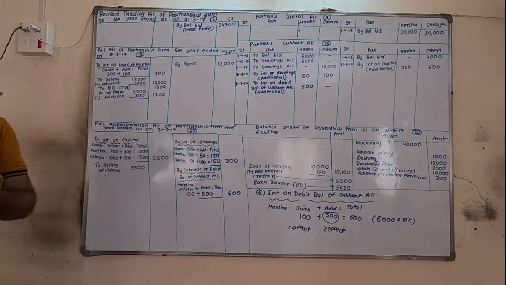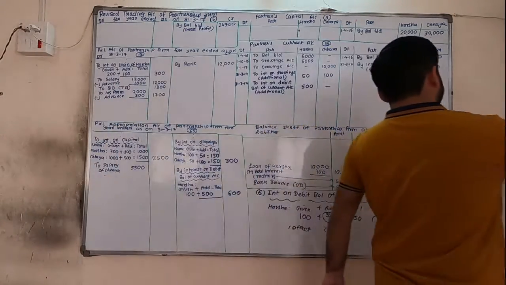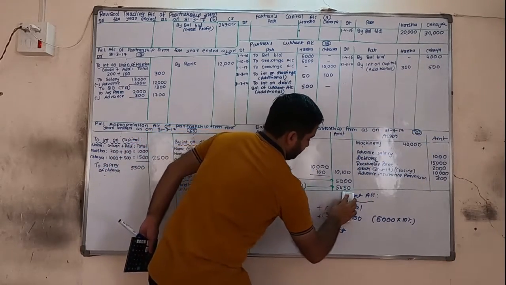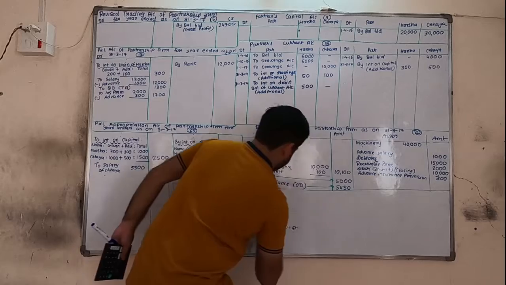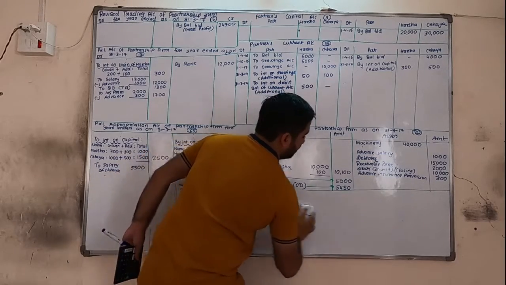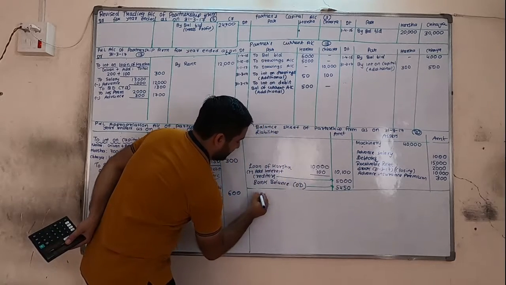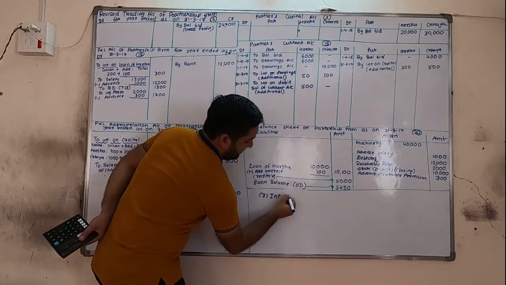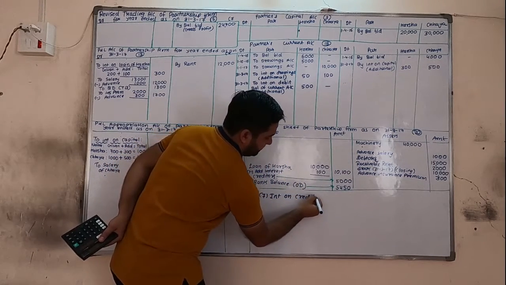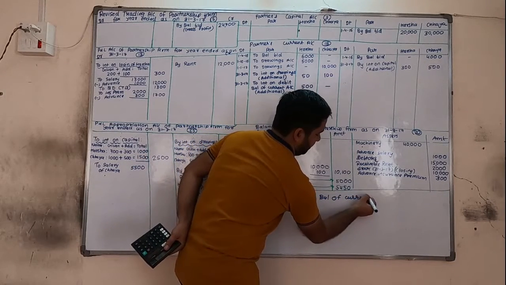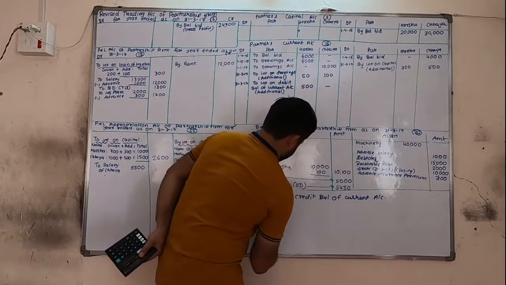Now number 7. Calculation number 7. Still we have not completed the calculation. Interest on credit balance of current account.